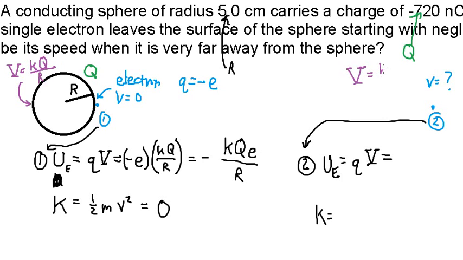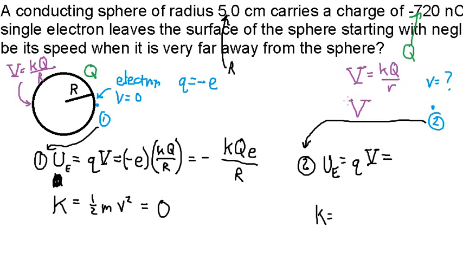Okay, so at state 2, we've got electrostatic potential energy, which is Q times V, where Q is the charge of the electron and V is the voltage.